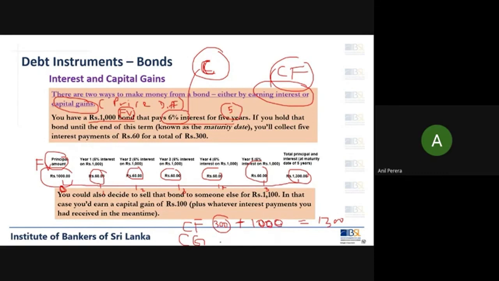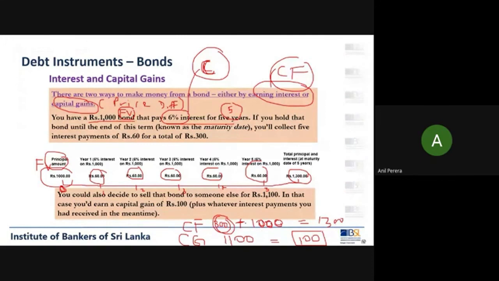Let's say after 5 years, your bond has increased to 1100. Then how much do you get as the capital gain? 1100 minus 1000, which means another 100 is earned as the capital gain. That is in addition to this 300, isn't it? So you get cash flow 300, you get capital gain 100. So this is the total return of the bond.